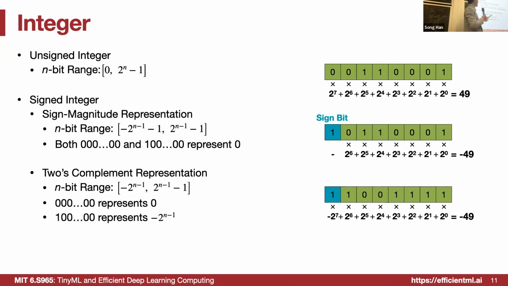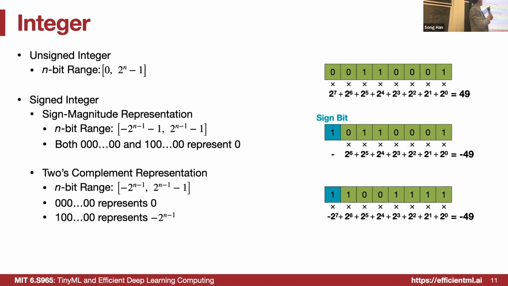So the range for this case would be plus or minus 2 to the power of n minus 1. The range we can represent is determined by the number of bits minus 1, since one bit is the sign bit.